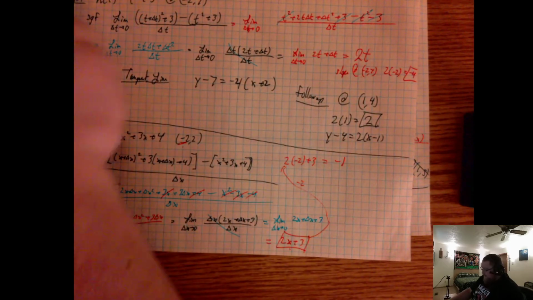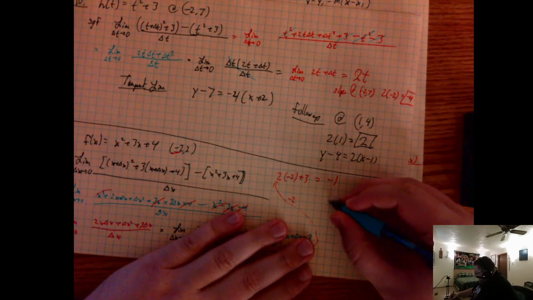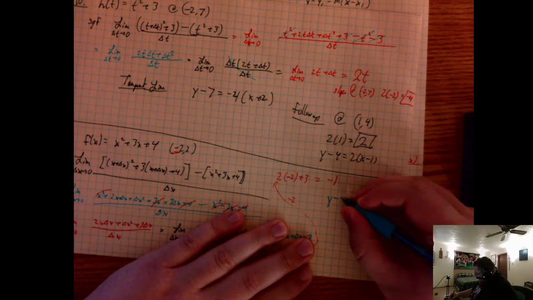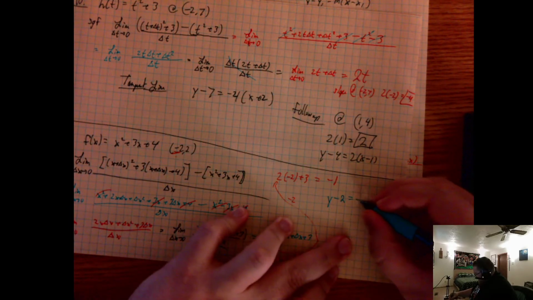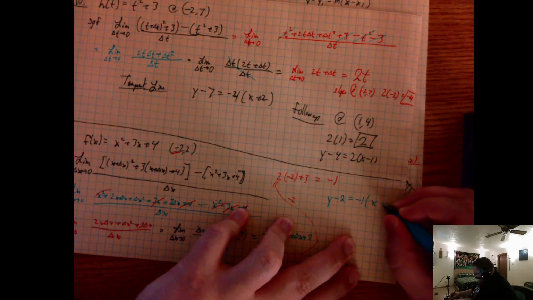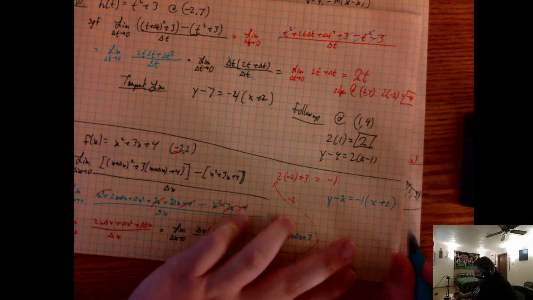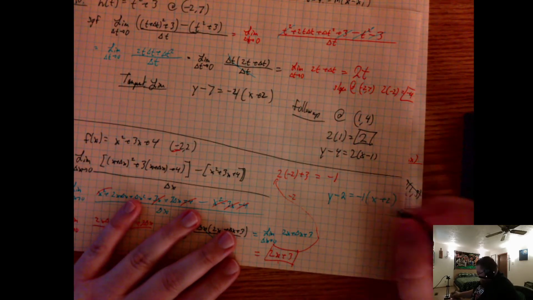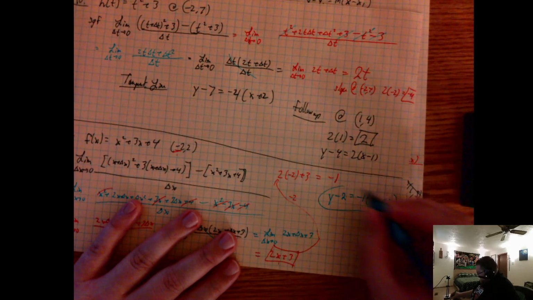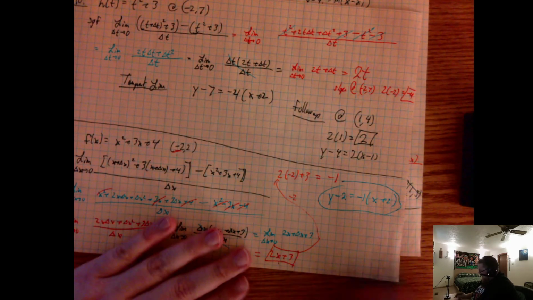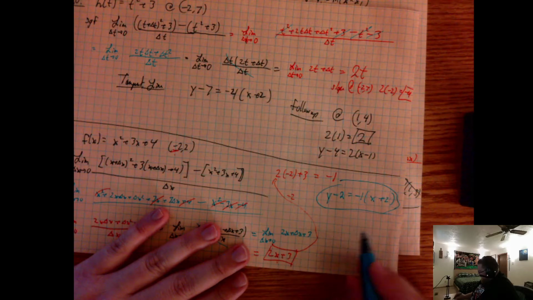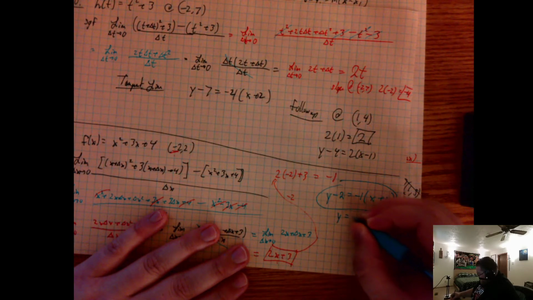To find the tangent line, all I would then do is use the formula y minus y1 equals m times x minus x1. This would be my tangent line, which means I'm done. I could, of course, simplify that, which would give me y equals negative x.